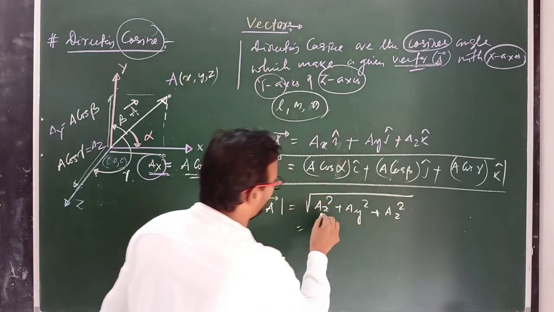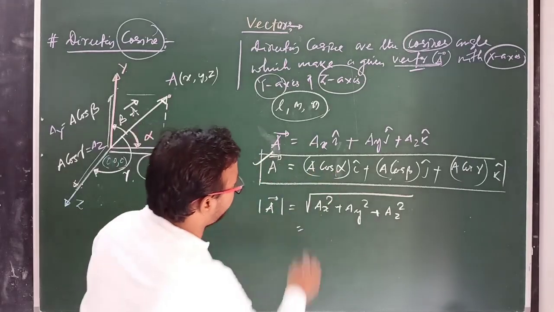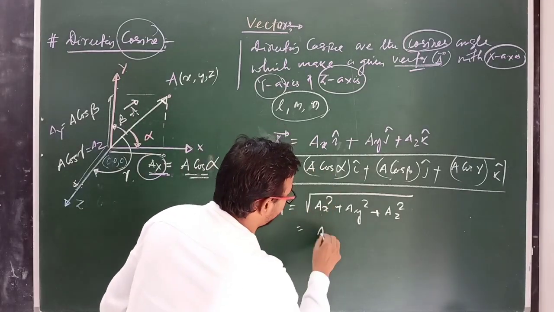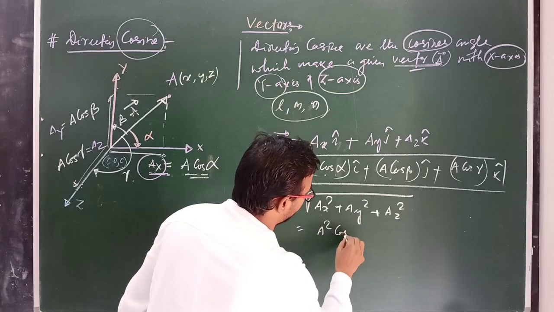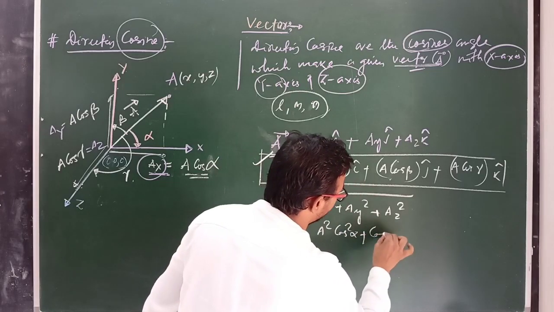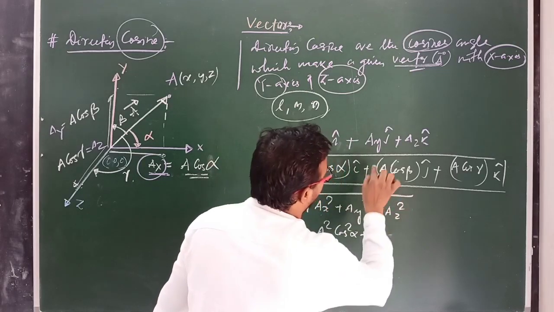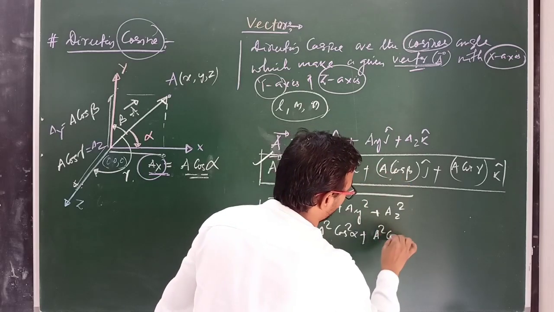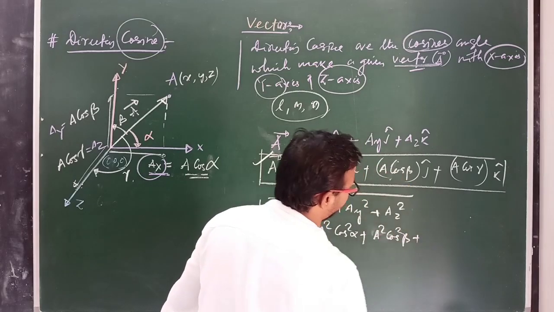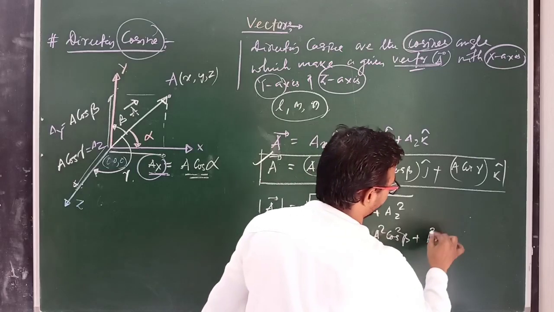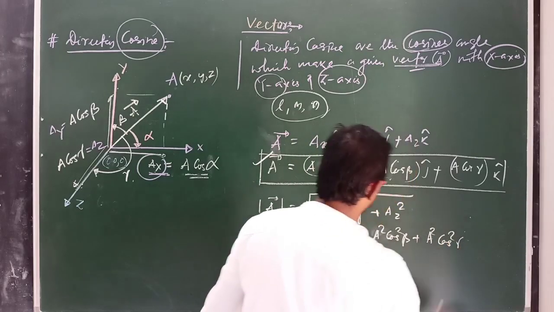So what is a square? You can write a square cos square alpha plus a square cos square beta plus a square cos square gamma.